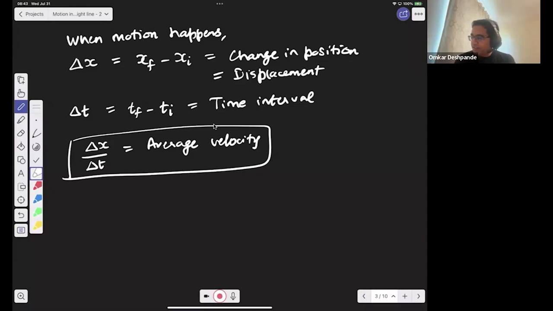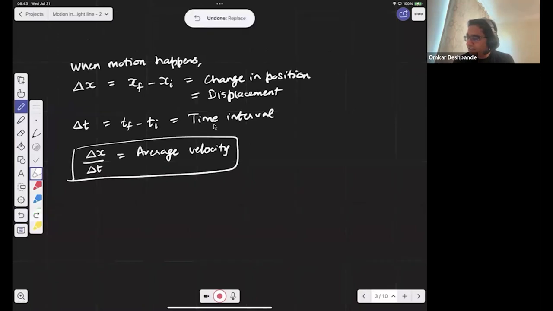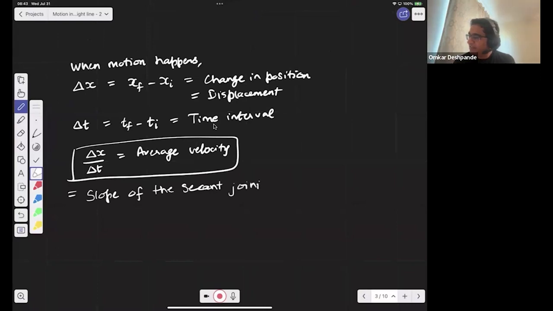And this is the algebraic definition, but geometrically, this would simply mean the slope of the secant line, or you can say the chord line, joining the initial position to the final position, right?